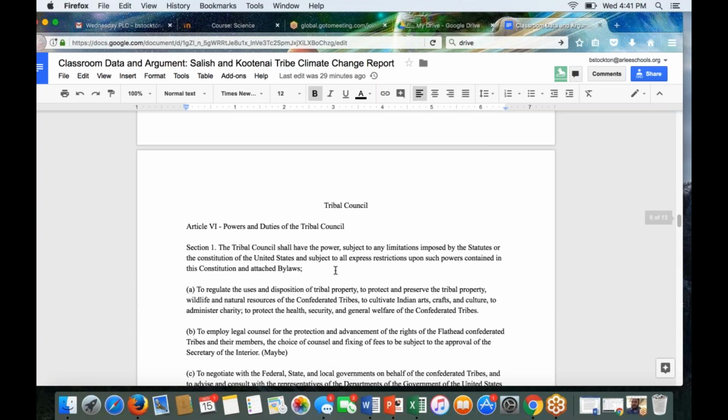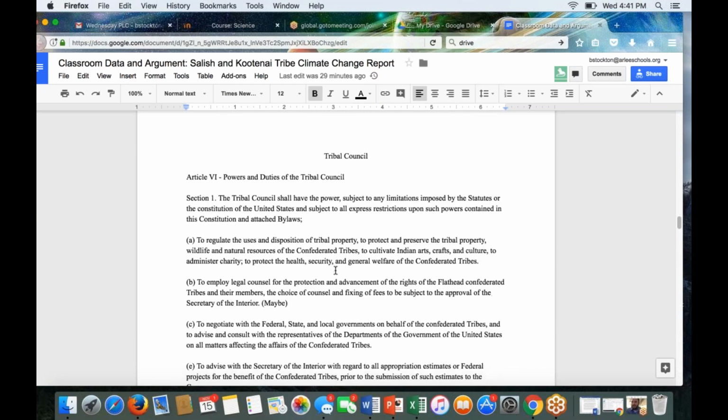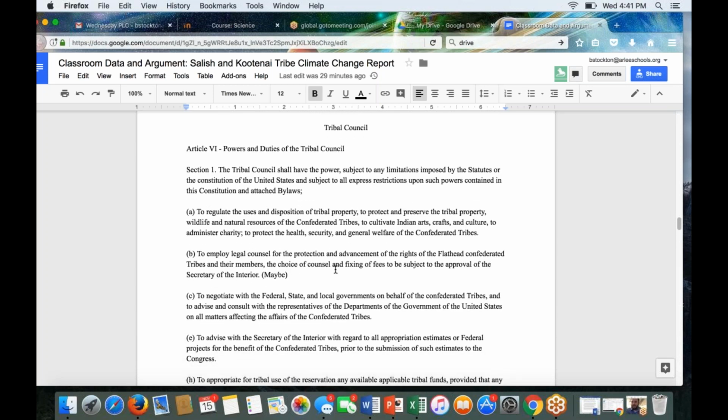I think the big takeaway, and what has always caught my attention when reading through the CSKT's climate change report, is just how valuable the stories are that they have tribal elders share. I think that oftentimes in the science classroom, when we look at data, we spend most of our time focused on the quantitative data.